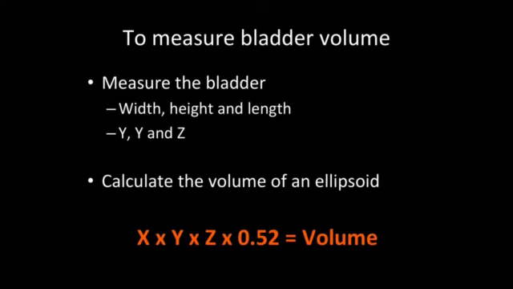So you use a formula that calculates the volume of an ellipsoid, which is X times Y times Z times 0.52, which gives you your volume. It's not accurate to the mil, but it's certainly not too bad. So measure the height, width, and length of your bladder, multiply those lengths, and times by 0.52, and you'll get your bladder volume.